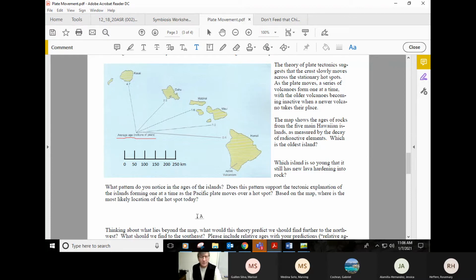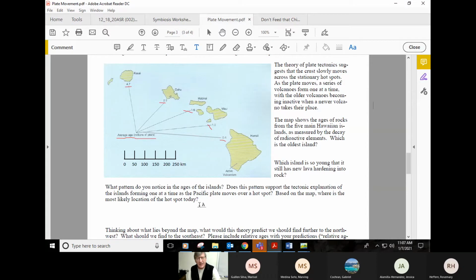Next question. What pattern do you notice in the ages of the islands? If you look at all these ages, what pattern do we see? Does this pattern support the tectonic explanation of the islands forming one at a time as the plate moves over a hotspot? Let's see.